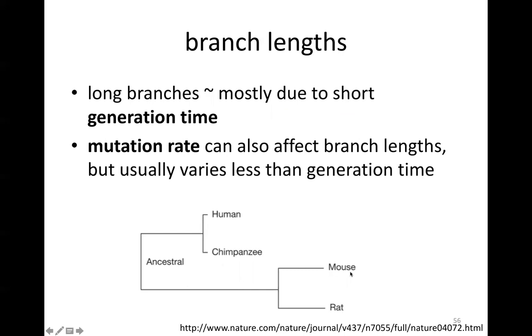A mouse pregnancy time is about, I think, 20 days, and then it reaches sexual maturity by 40 days. So basically in 2 months, you can have a new generation of mice if conditions allow. So within a year, you can have 5 generations of mice.